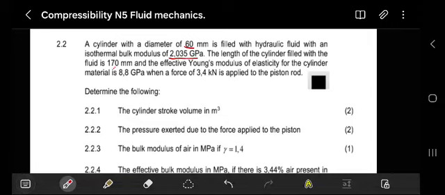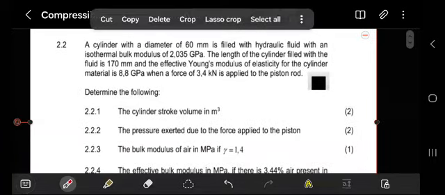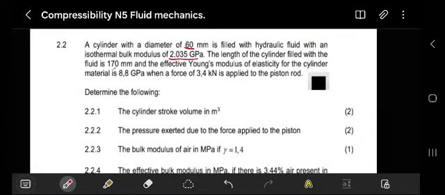This is the isothermal bulk modulus of 2,035 gigapascal. The length of the cylinder filled with fluid, this is the total length of the cylinder.